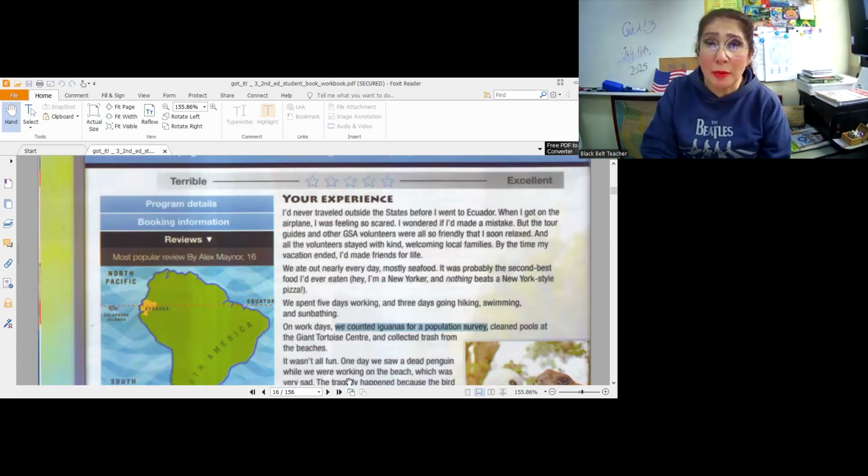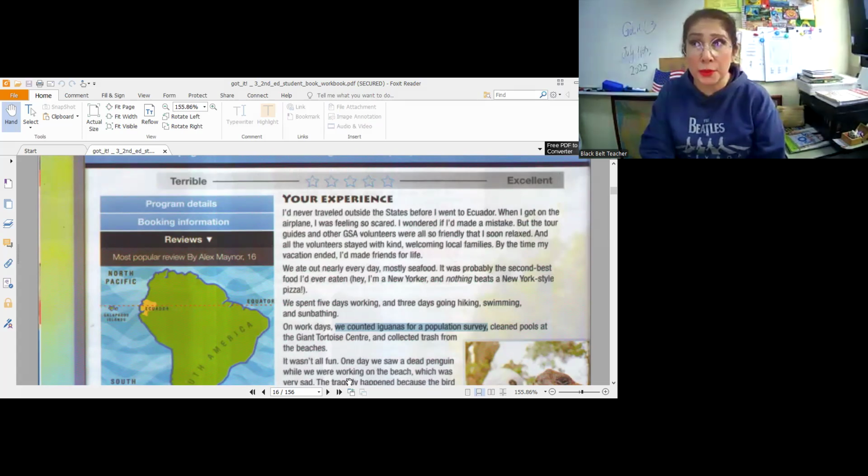And they are very popular in Ecuador, even in urban areas. So if you visit Ecuador or if you visit Peru as well, I guess, those countries have iguanas just as popular as doves or pigeons.